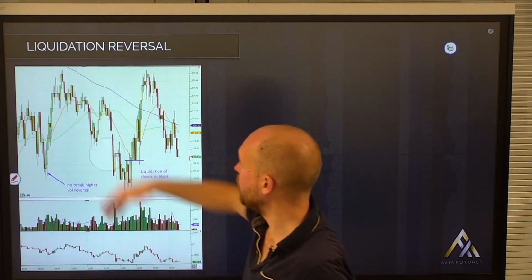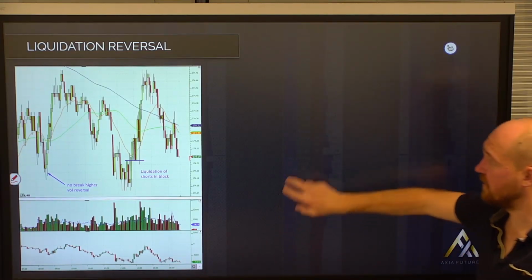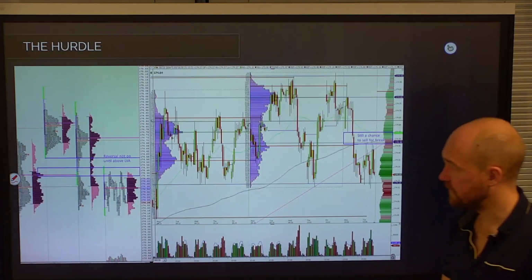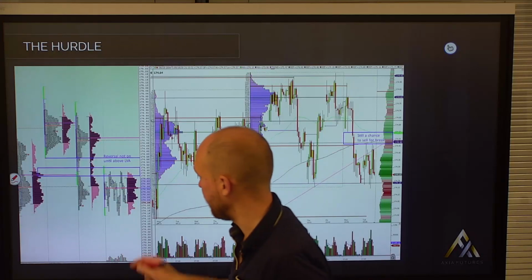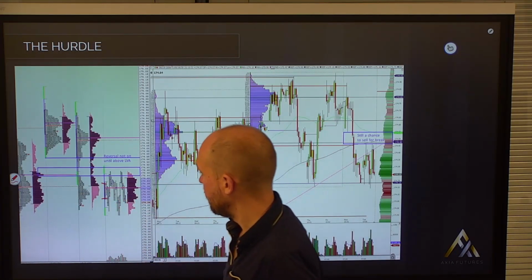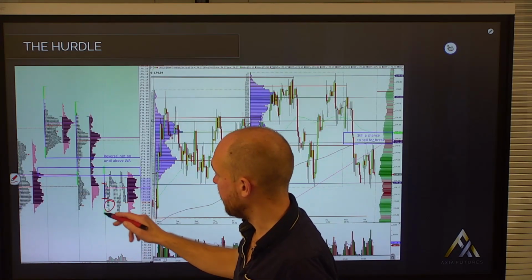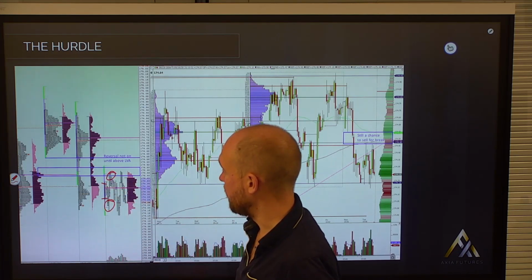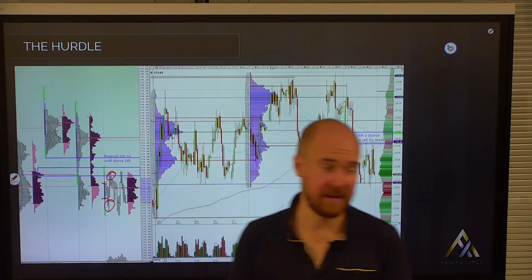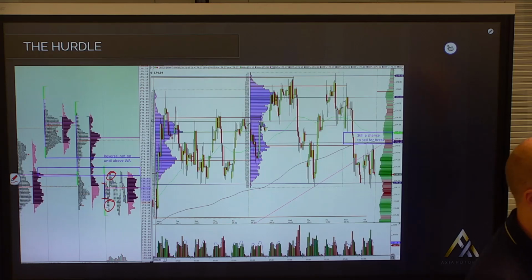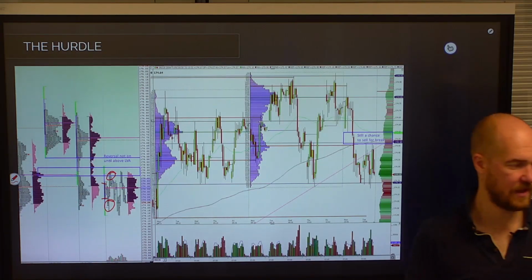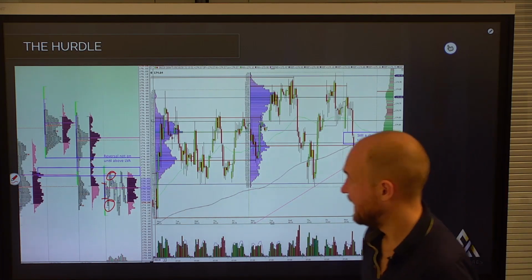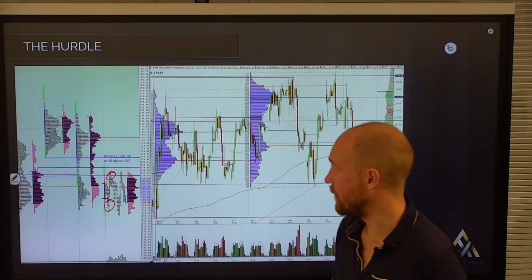Because by that point, it's a bit of profile theory for you, initial balance, trade below, trade back above. That's a pretty sure indication of a non-directional day, a balancing type day. And so therefore, this doesn't have a great deal of scope in it.